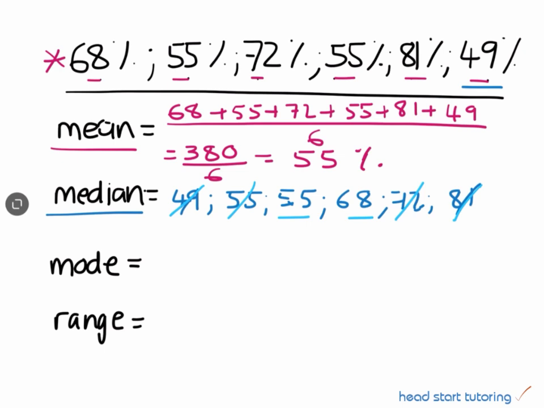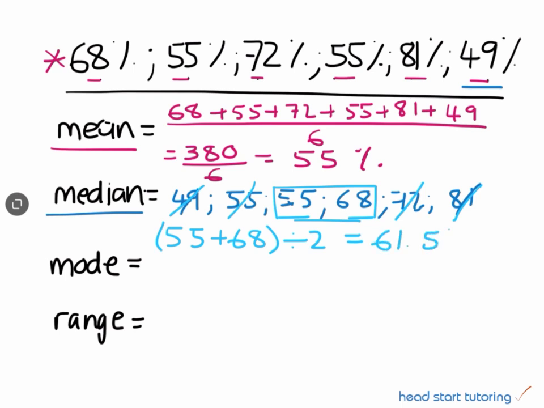Because we've got an even number of numbers here, we need to add 55 and 68 together and then divide that by 2, because we are finding the mean average of those two numbers. So 55 plus 68 divided by 2 will give us an answer of 61.5%.